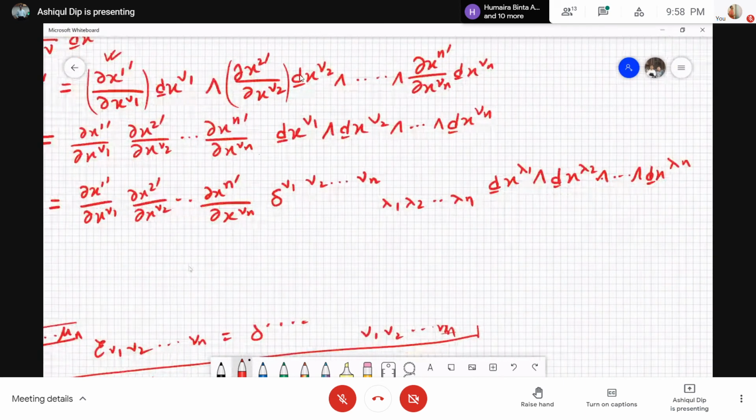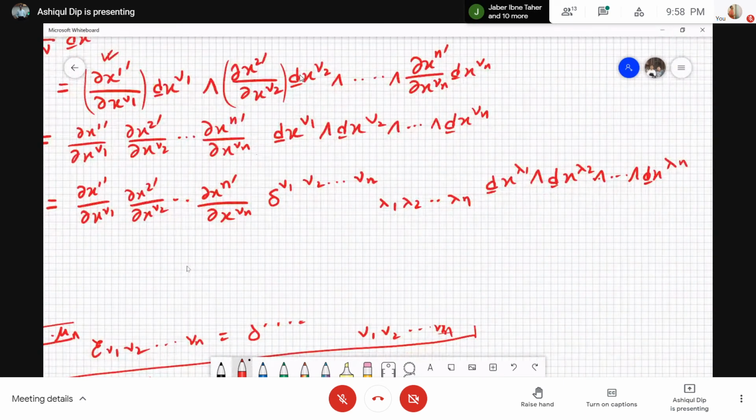Using the definition of Kronecker delta, this extended version of Kronecker delta. Yes.